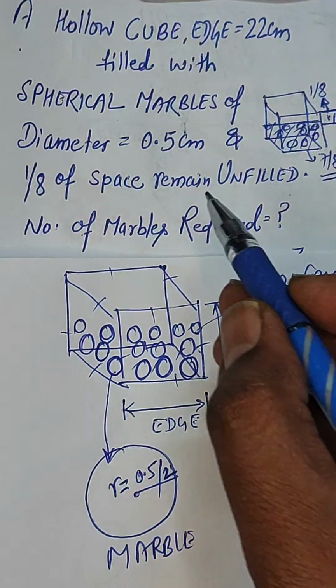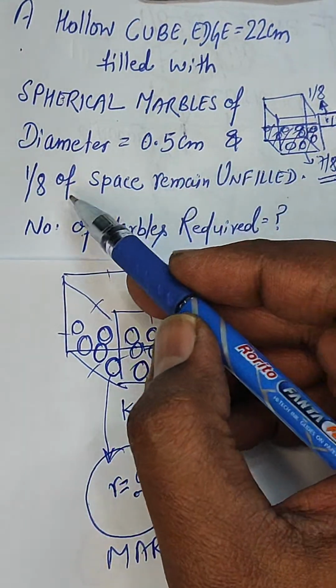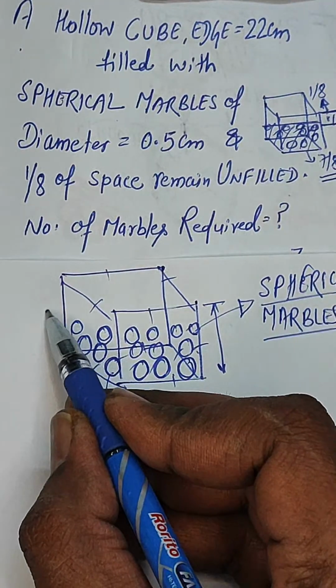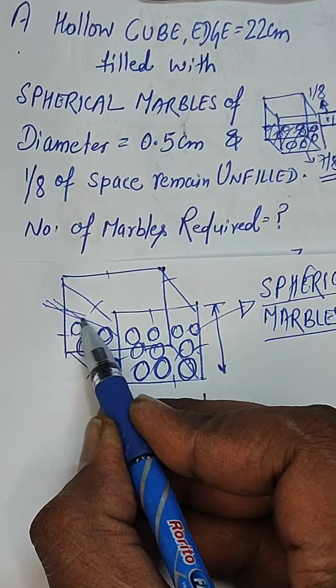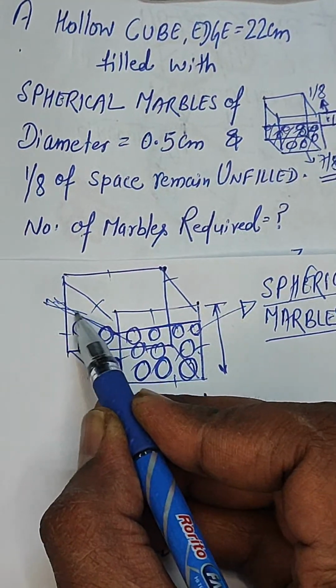Now the question is that the spherical marbles of diameter 0.5 centimeter, and 1 by 8 of the space remains unfilled. That means the marbles are occupying and filling how much space in this cube.